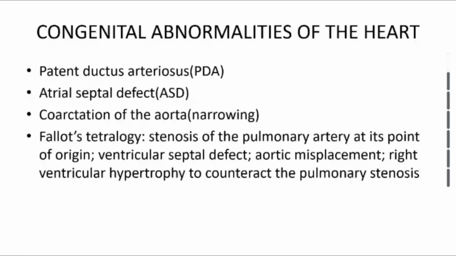So there is a connection between the right atrium and the left atrium, and some blood will not move properly to the lung. Some of it will go without being oxygenated into the systemic circulation, so there will be a problem with oxygenation of blood. Likewise with patent ductus arteriosus, there will be a mixture of oxygenated blood with deoxygenated blood, so some of the blood will move to the systemic circulation without being properly oxygenated.